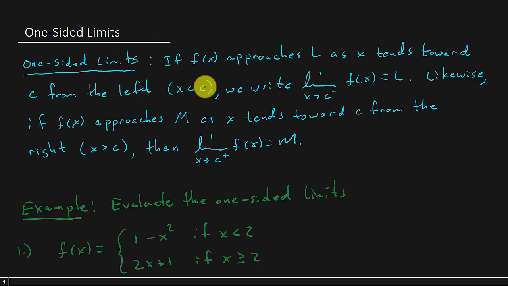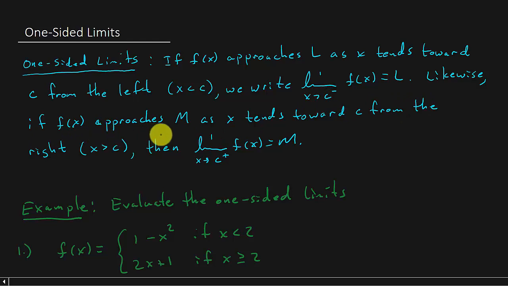It says if f of x approaches L as x tends towards c from the left, so x is less than c, then we write the limit of f of x as x approaches c from the left. That's what that little minus sign right there is, equals L. This is the notation for it.